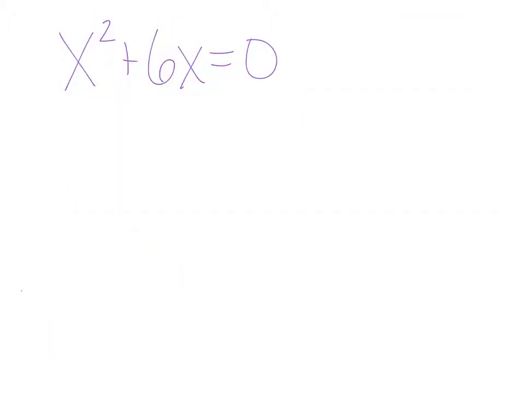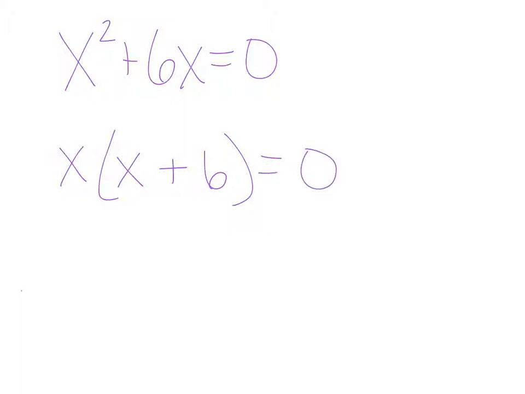This next example, we are missing the last term. We have x squared plus 6x equals 0, and we want to use the zero product property to find the x-intercepts. So first thing we're going to do is look to see, is there a GCF? And there is. We can take an x out of both of these terms. So when we take out an x, we are left with x and then x plus 6 in parentheses.